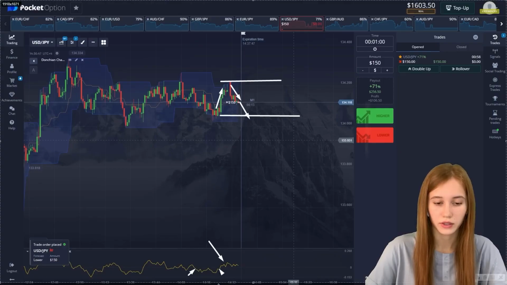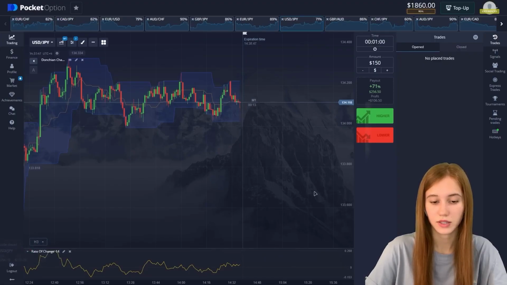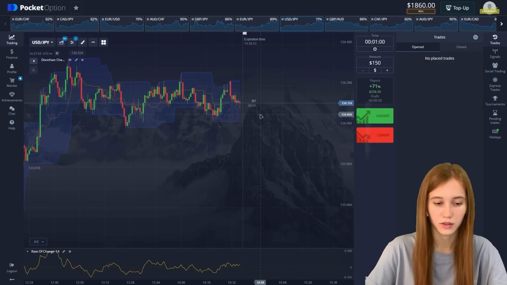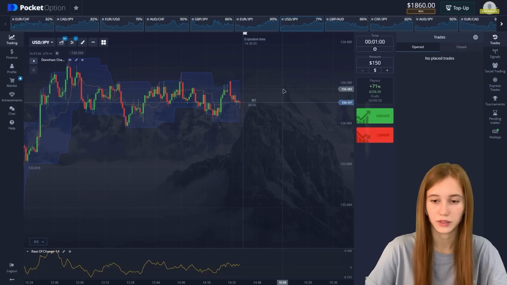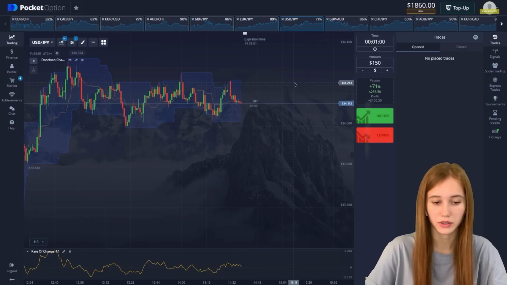Also, if you look closely, this indicator shows a fall. That means that the market will be decreasing to this level. Let's take a look. Good, plus deal. Let's see, an increase in balance, almost $2,000 on my balance, and let's move on.